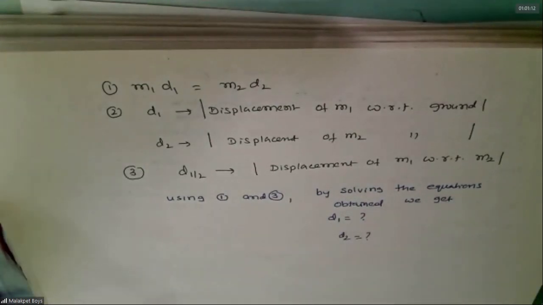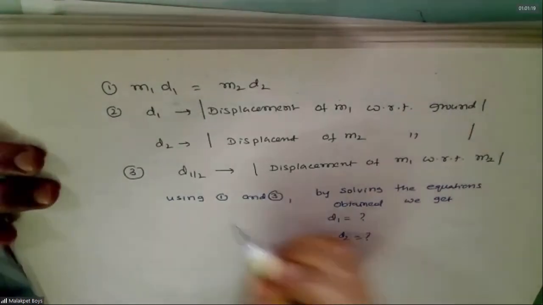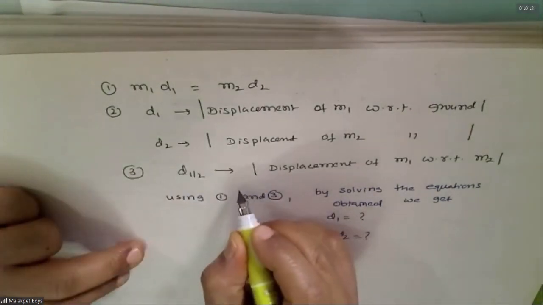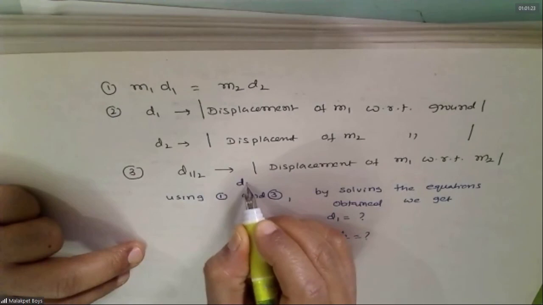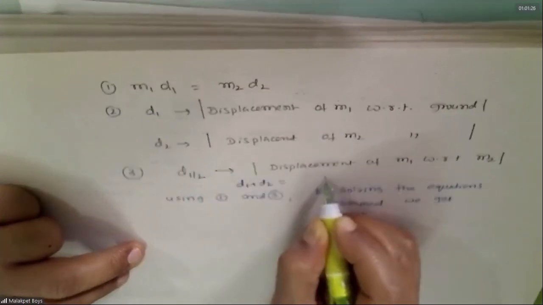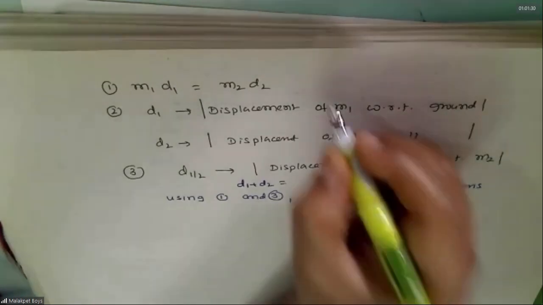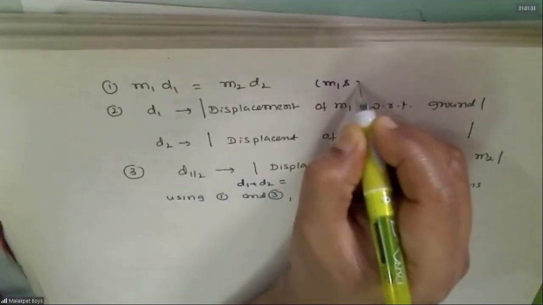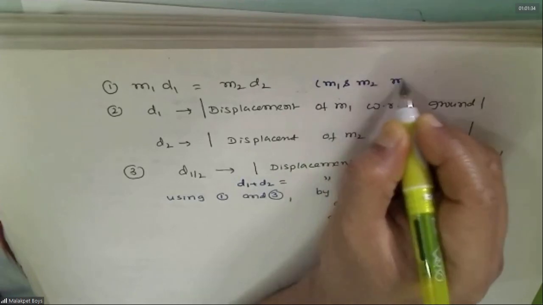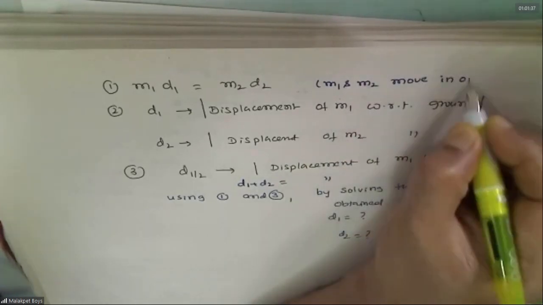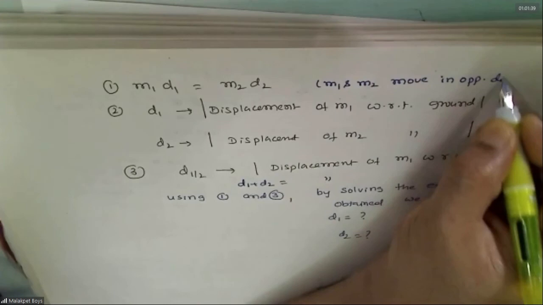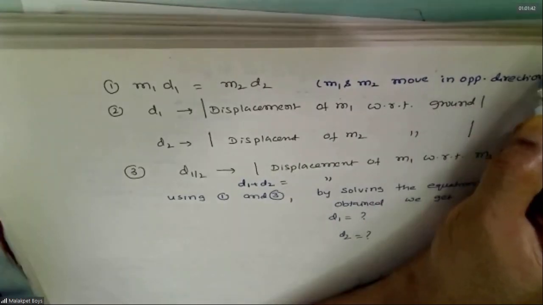Understood the method? Clear, sir. So usually they will be in opposite directions, no? Strictly speaking, D1 plus D2 equals this, as they move in opposite directions. Is it clear?